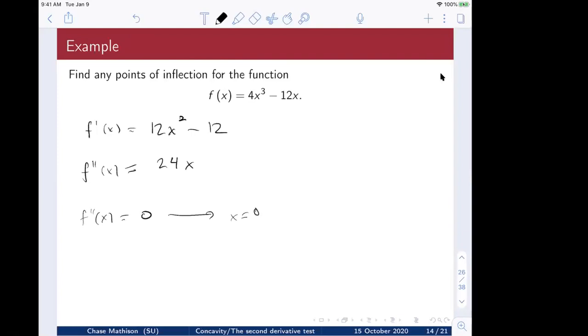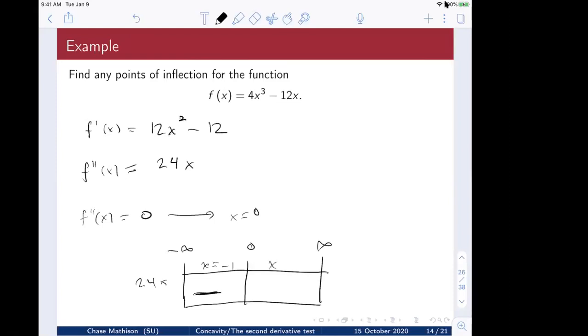So this function is defined for all real numbers. When I make this table, I'm going to go minus infinity to 0 to infinity and beyond. f double prime of x is just 24x, right? So what sign does 24x have for x less than 0? Let's say x equals -1. Negative, right?